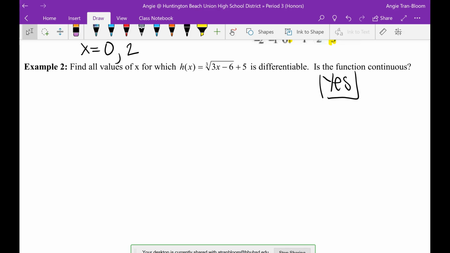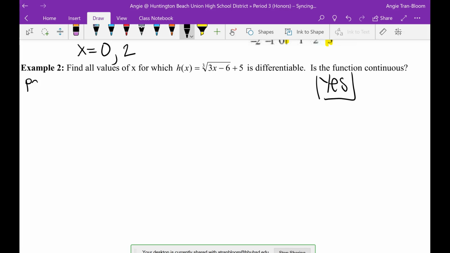Now what? Where is the problematic location? Is it at x equals 0? Is it at 5? Is it at 6? Is it at 2? No. Would you agree that your parent function is this, right? Some of you already said it correctly. You're not given just the simple parent function, because we did that in the notes earlier, but something with a transformation.